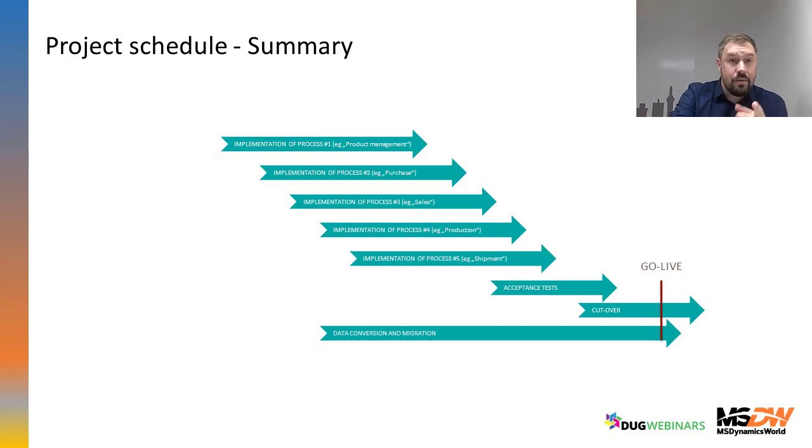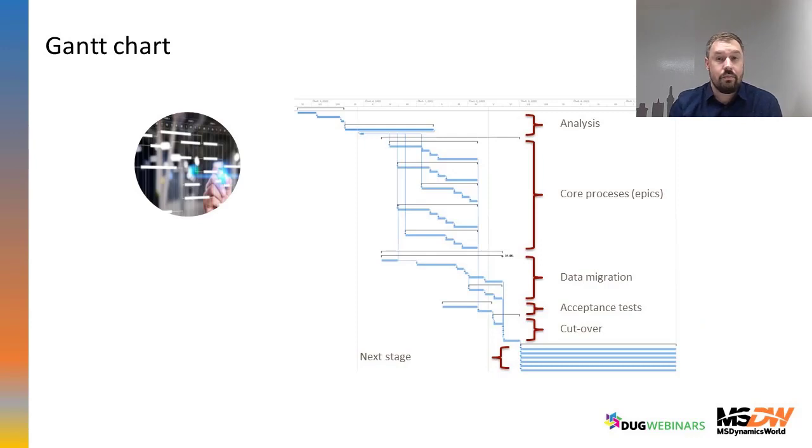And how such a schedule should be done, for example, in Microsoft Project. If you want to have some Gantt chart to discuss it with the customer and with the project manager on the customer's side, here can be the analysis phase.